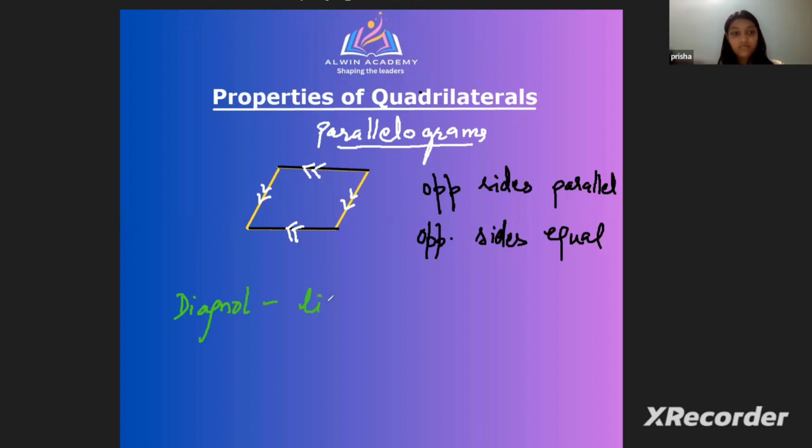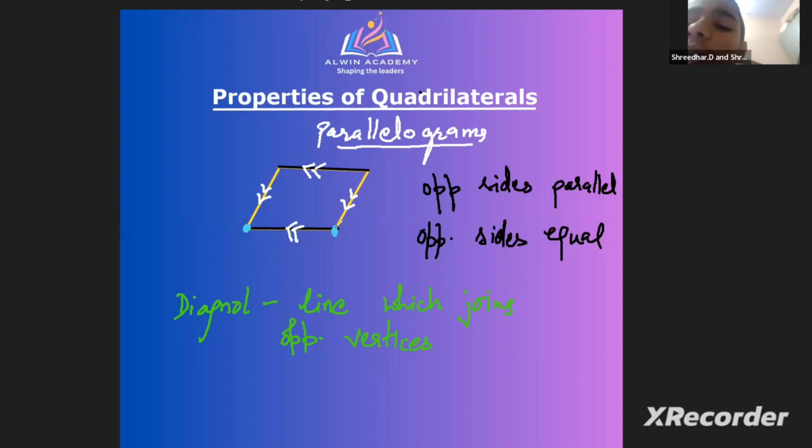A diagonal is a line which joins opposite vertices. So when I talk about this vertex here, what is the vertex opposite to this? Is this the vertex opposite to this, Sridhar? No, ma'am. This one's opposite.